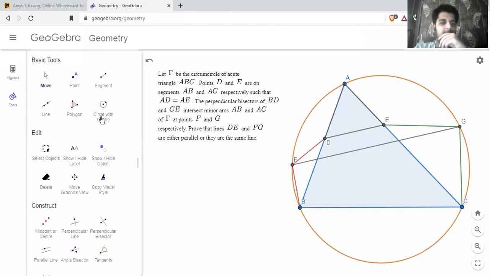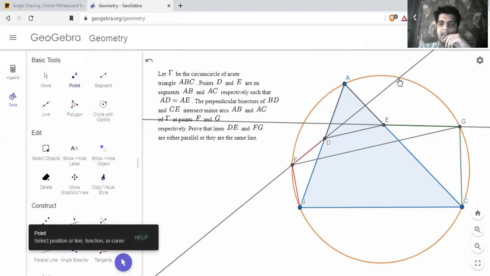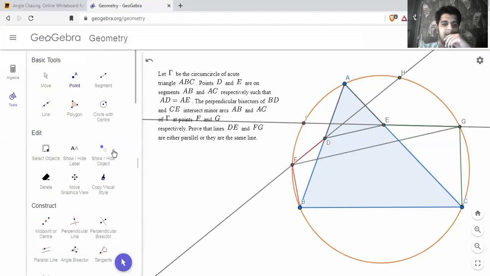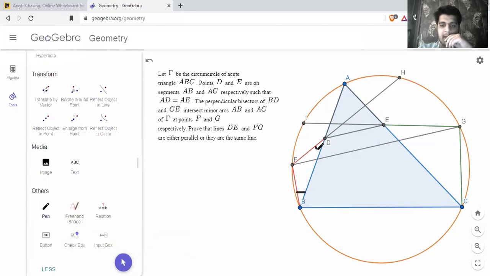So what we do is we draw this line FD and line EG and consider these points H and I. Note that angle FBD is equal to angle FDB, because FD equals FB according to the question. Since FDH is a straight line, by vertically opposite angles, angle ADH is also equal to FDB.